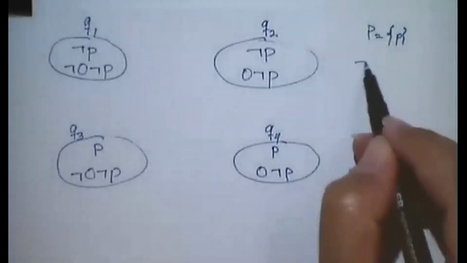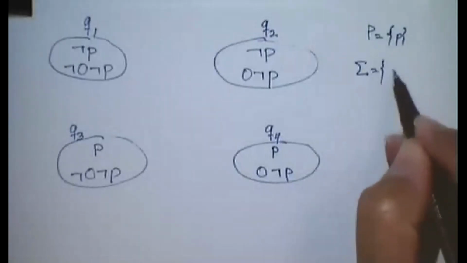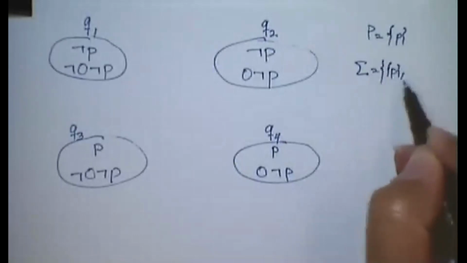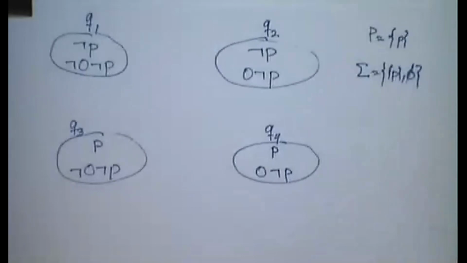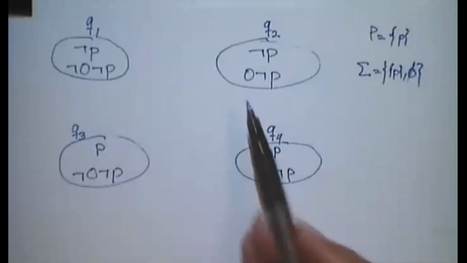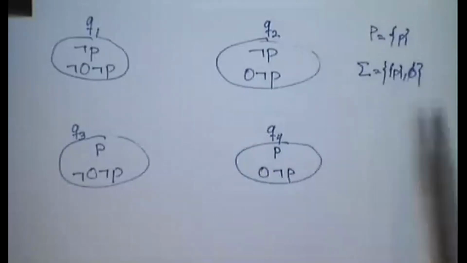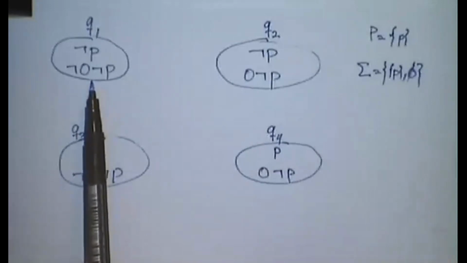So what is my alphabet? My alphabet is all subsets of this. So my alphabet is either P or the empty set. Each one of these is a letter, right? So whenever I have a transition, I have a transition either by reading the letter P or by reading the letter empty set.